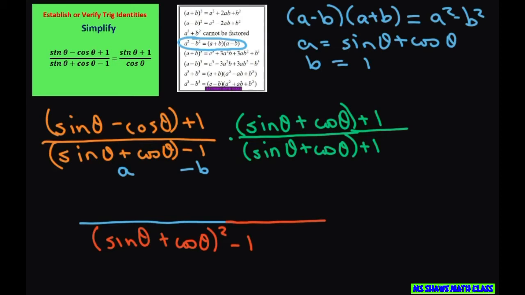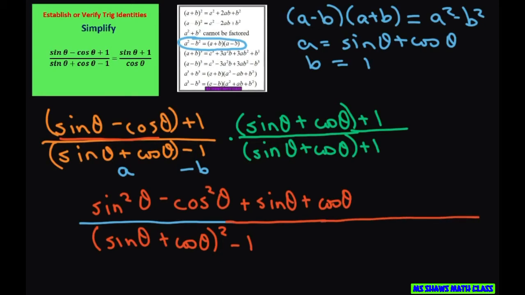So basically, we have to FOIL this out, and when you do this one, you're going to get sine squared minus cosine squared. You just FOIL all this out, plus sine theta plus cosine theta. Then we have another plus sine theta minus cosine theta, and then plus 1.